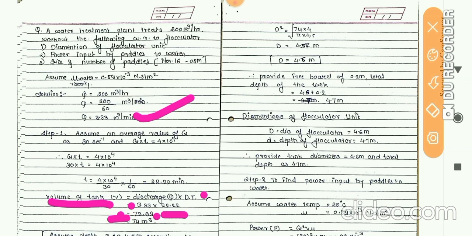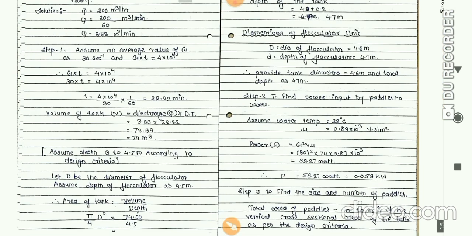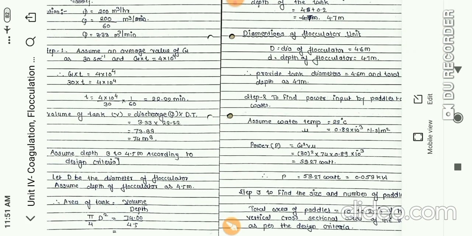So assume 74 m³, that is the total volume of that tank to be designed. So this is the volume. So we have to again assume the depth. Depth of the flocculator may be in between 3 to 4.5 meters. So assume 4.5 as the depth of that flocculator.